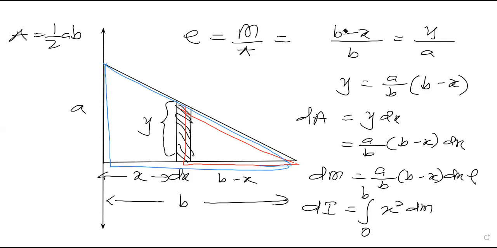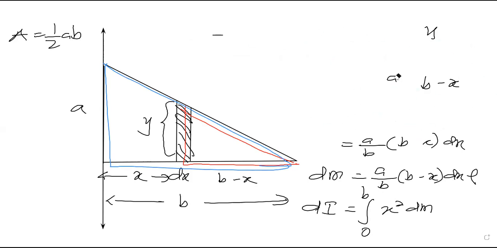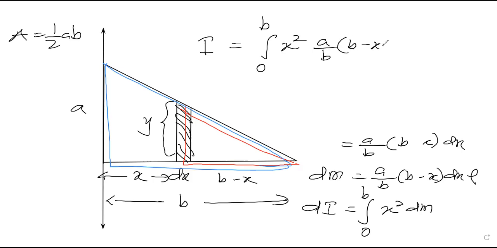How we're going to move on, it looks like I will be the integral from 0 to B of x squared dm, where I substituted dm as a upon b, b minus x rho dx.